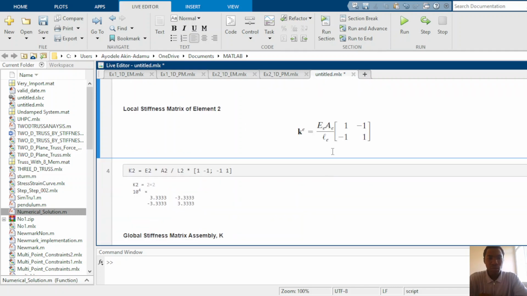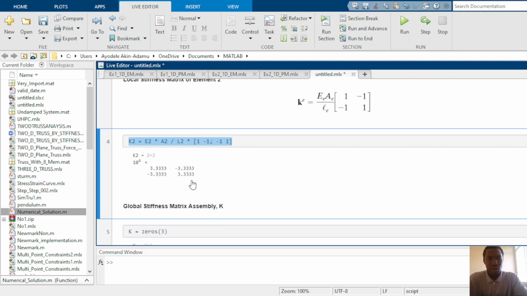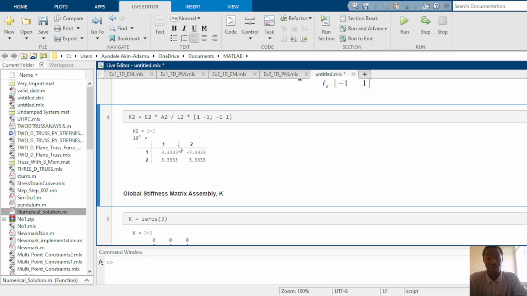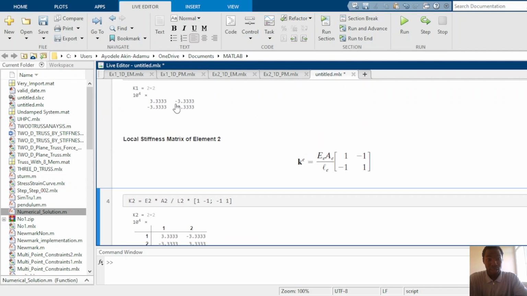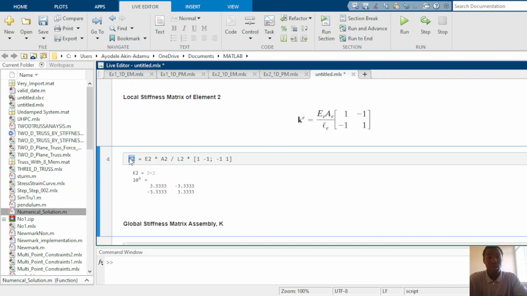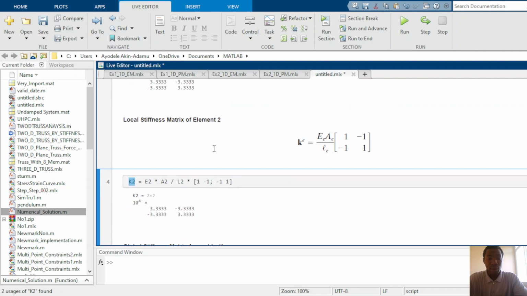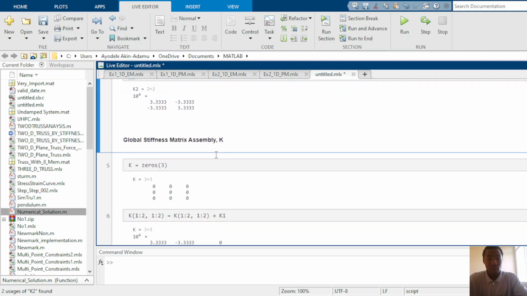The same thing you do for the second element: you determine the local stiffness matrix for the second element. Matlab calculates it, and it gives us the same matrix as K1. So K2 is my local stiffness matrix for element 2. Now we have calculated our local stiffness matrix for both element 1 and element 2.